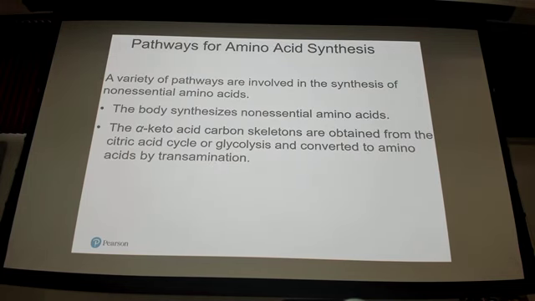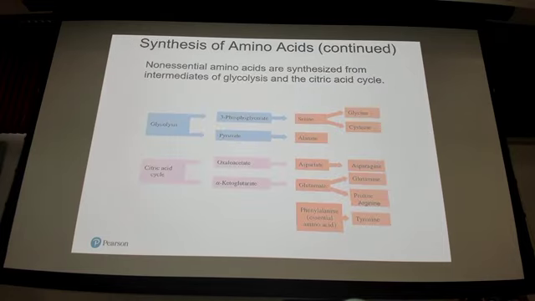And so, how we make non-essential amino acids: the alpha-keto acid carbon skeletons obtained from the pathways that we discussed, the TCA cycle and glycolysis, are converted to amino acids by the transamination reaction. So, in glycolysis, 3-phosphoglycerate and pyruvate can be used to make serine and alanine, and serine can be converted to glycine and cysteine.